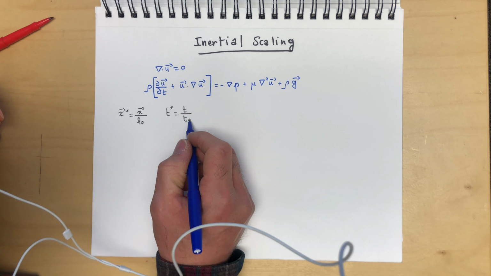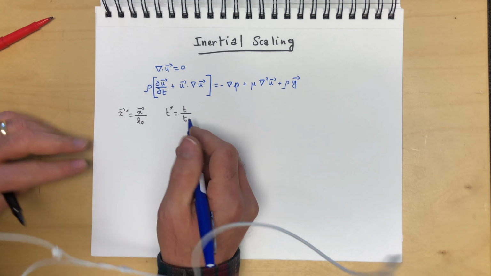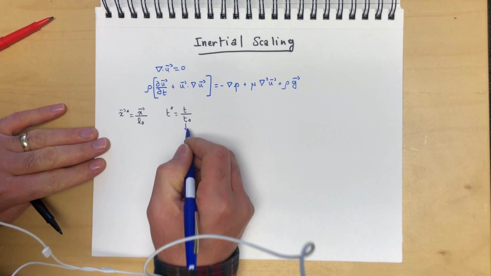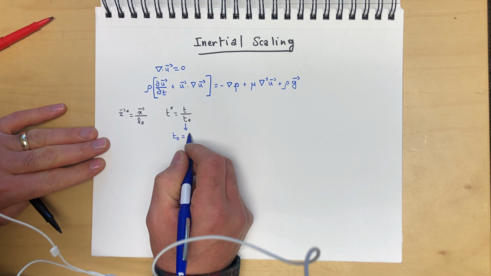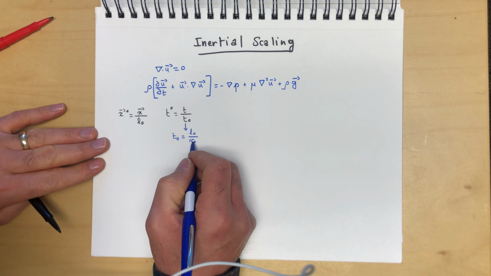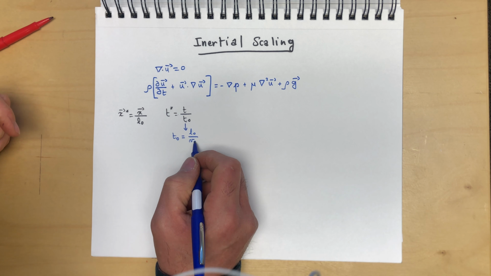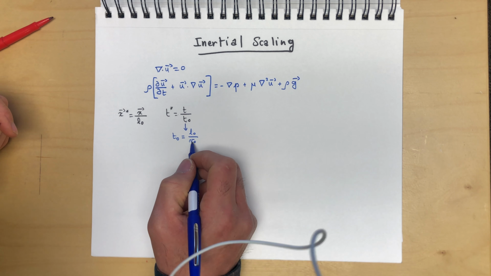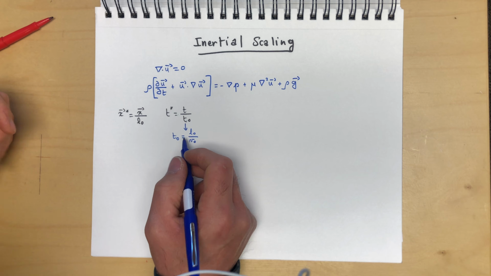So we can determine T0 from that velocity scale. We say that T0 is equal to L0 over V0, which is our velocity scale. In other words, this is the time it takes a fluid element moving at V0 to traverse a length of L0. That's what T0 is.